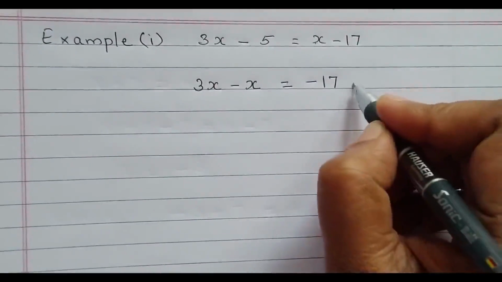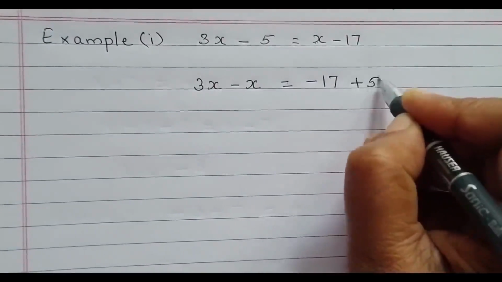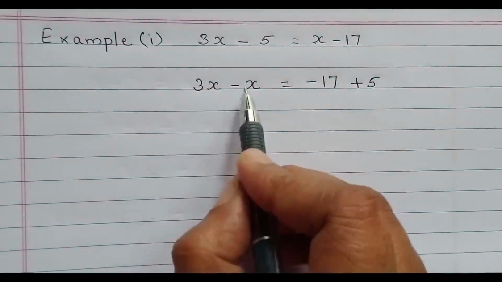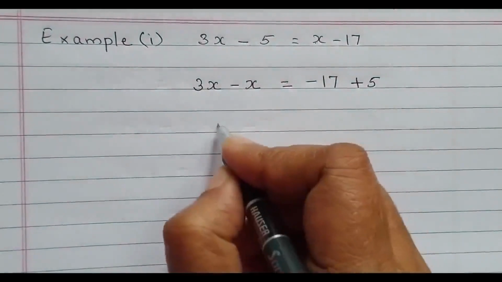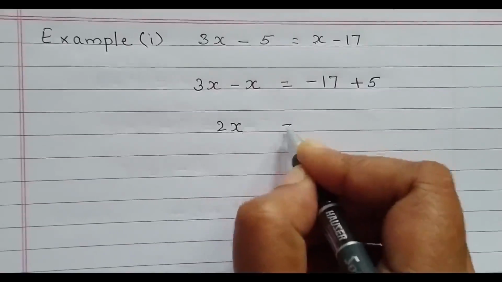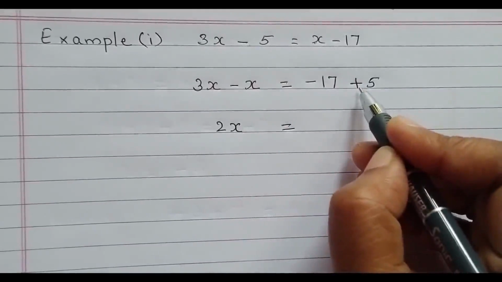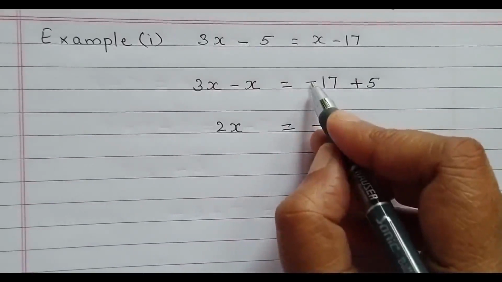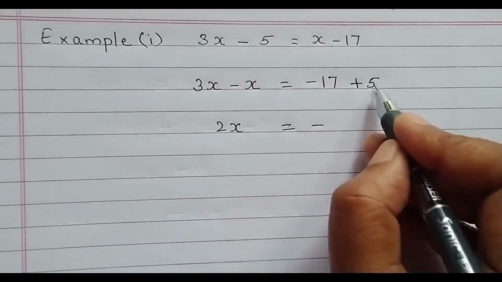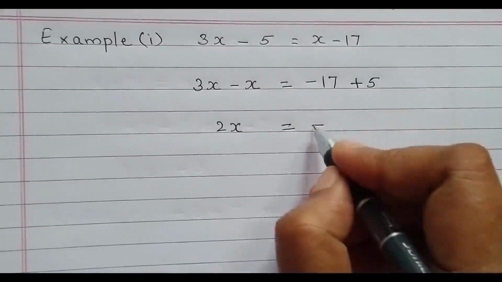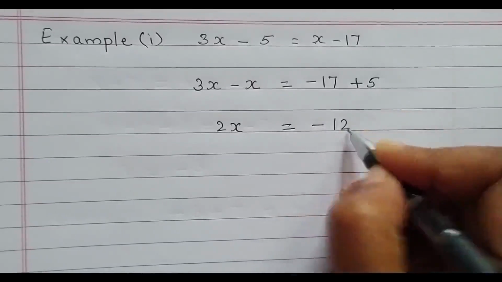So it will become plus 5. So now 3x minus x is 2x is equal to minus 17 plus 5. The bigger number is negative and the difference between 17 and 5 is 12. So you have minus 12.